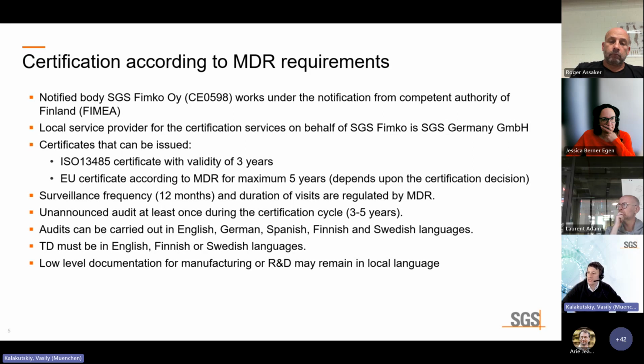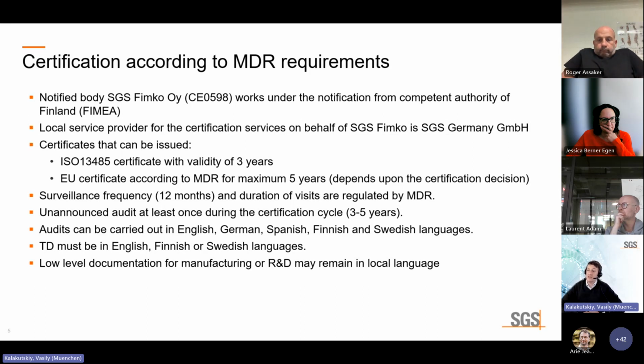This measure is also a requirement of MDR. It's not a really, so to say, nice activity to surprise people early in the morning, but that's the requirement that the EU wants to see implemented.